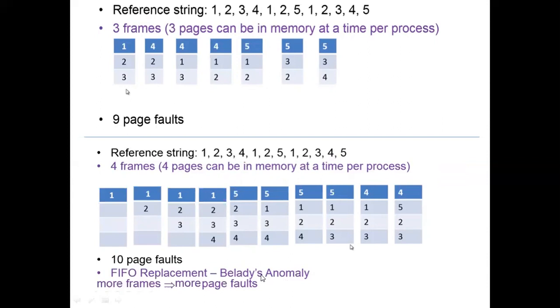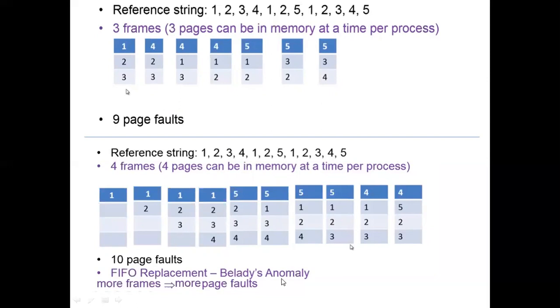In FIFO, there is no guarantee that more free frames would reduce the page faults. There are situations where, though the frames are increased, the page faults also increase. That scenario we call Belady's anomaly.